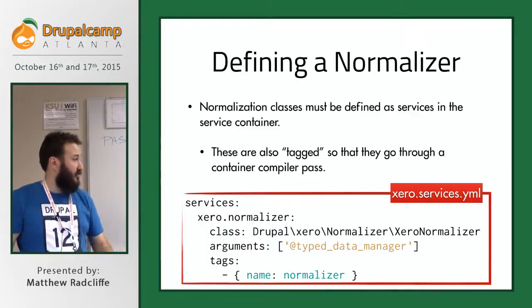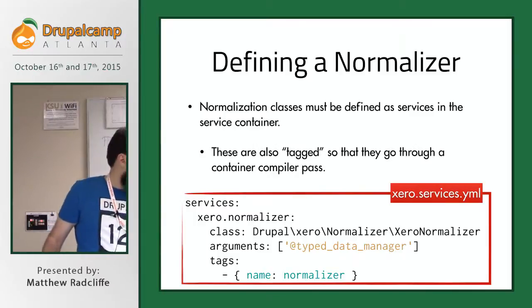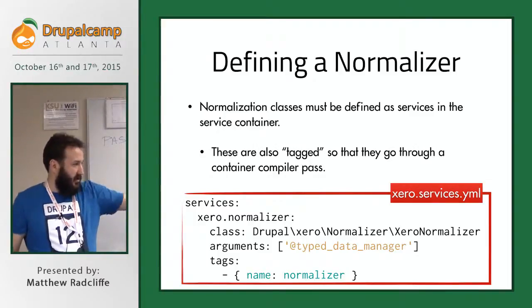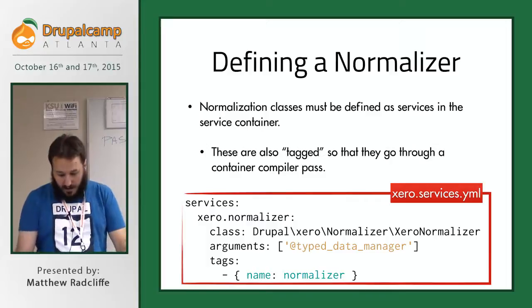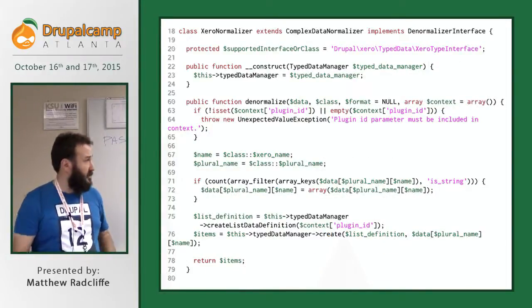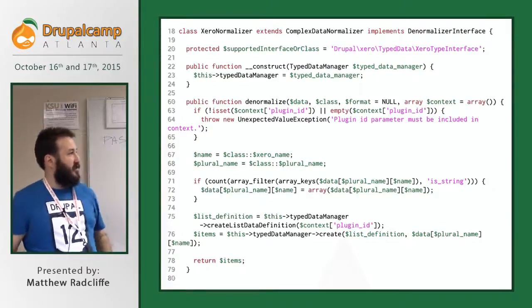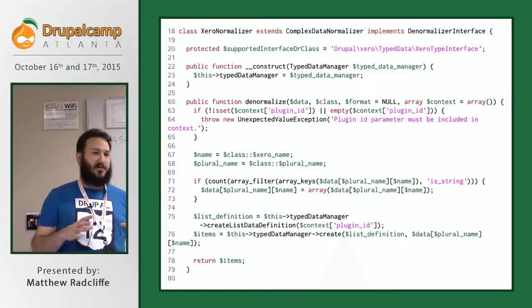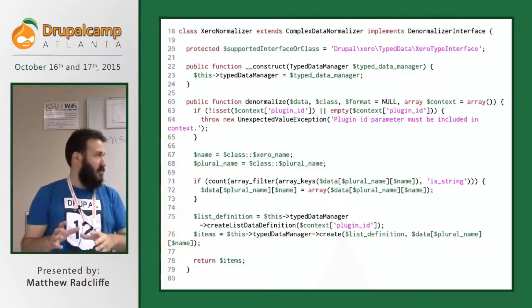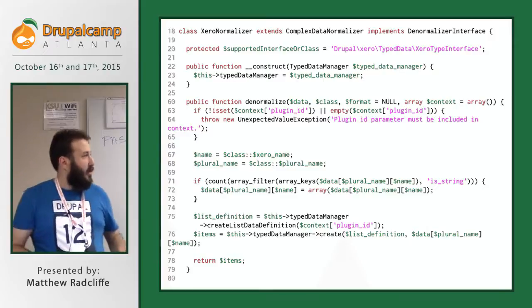So I need to define that in my services YAML file. I'm going to inject the typed data manager, and it gets tagged as normalizer. Essentially, it looks like this. It has a supported interface or class, so I can restrict my normalizer to just Xero types, because if I tried to do this with nodes, it probably would crash horribly.